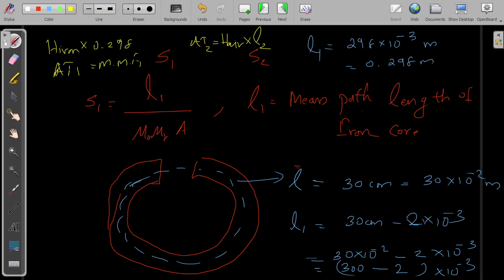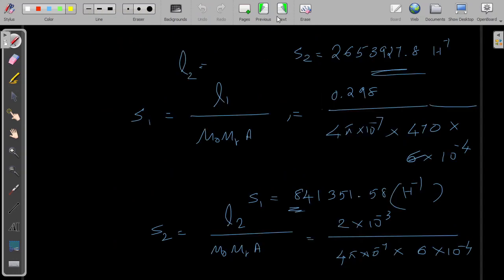In order to find H air, H air is found by the same formula, because we have B again, B is equal to phi by A. Phi is given as 0.1 into 10 power minus 3 and A is also given.